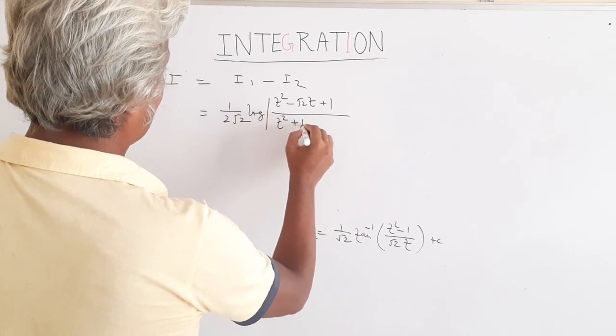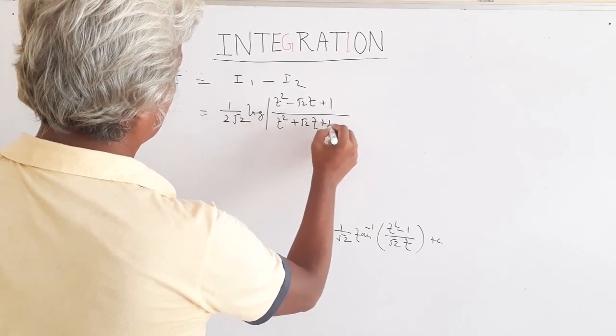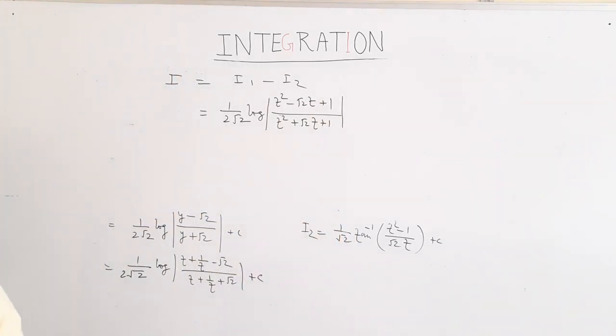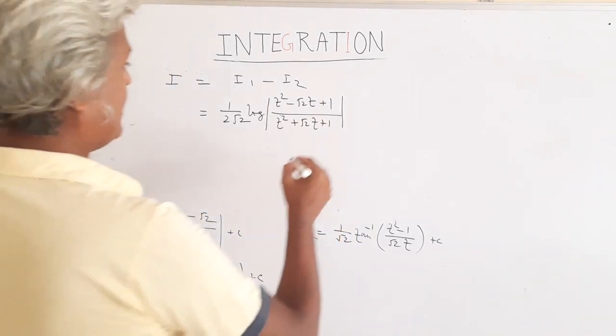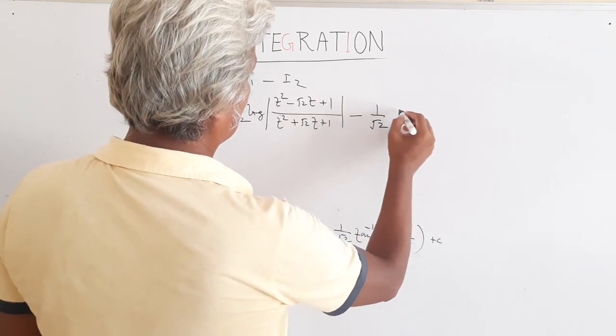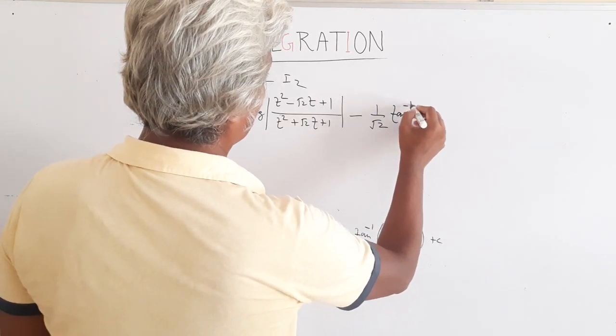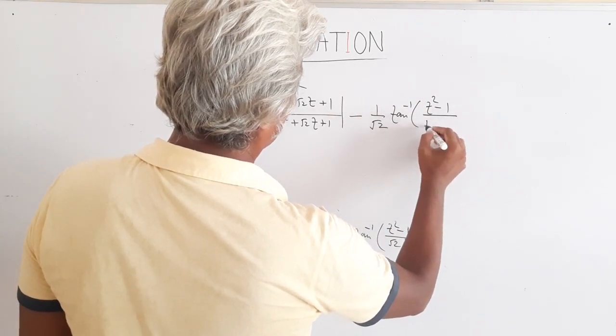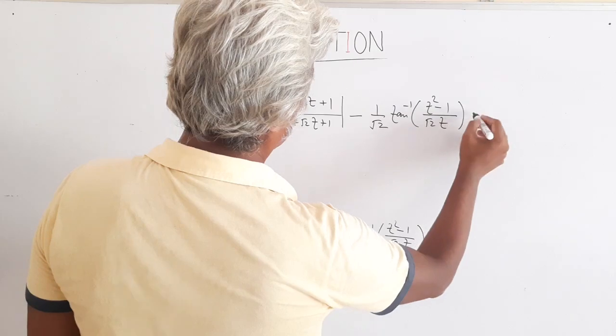So t square plus root 2t plus 1. Okay, and minus this part, which is 1 by root 2 tan inverse t square minus 1 upon root 2t plus c.